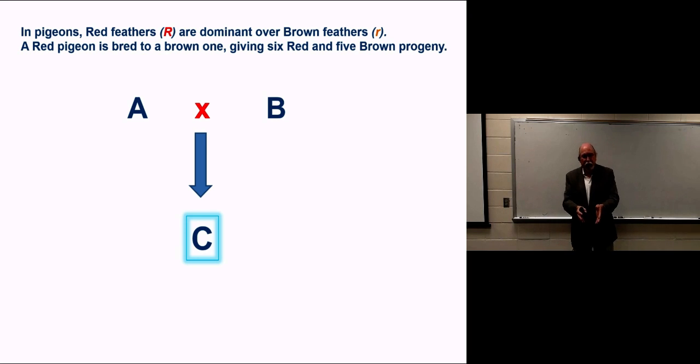Anytime you can get C, the progeny, the experiment's done, right? That's the answer. So just backtrack the answer. It's actually the easiest way to do it. If you don't, you get A and B and you have to guess at it, and sometimes that's more difficult. All right. But what do we have here? Well, we have a problem where we have both. We've given some information about A and information about B and a little information about C, and we've got to fill in stuff.